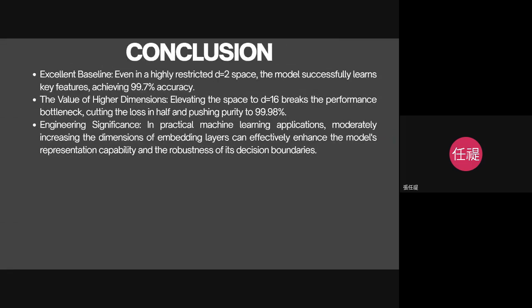So finally, to conclude our experiment, we covered that increasing the embedding dimension improves feature separation and model robustness. However, the fact that D equals 2 can achieve 99.7% accuracy tells us that the inherent features of these data sets are already quite distinct.